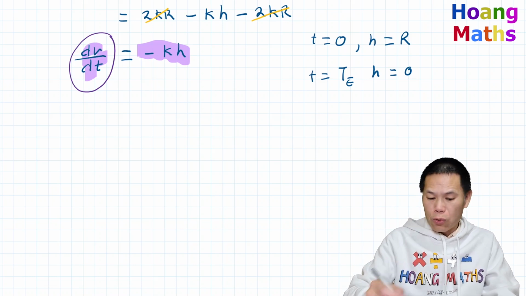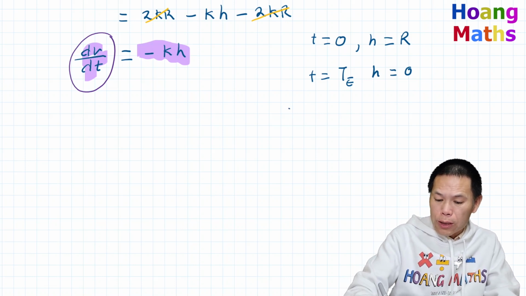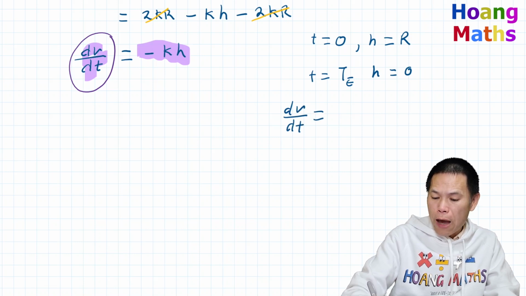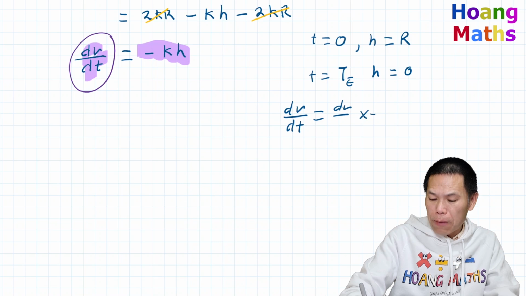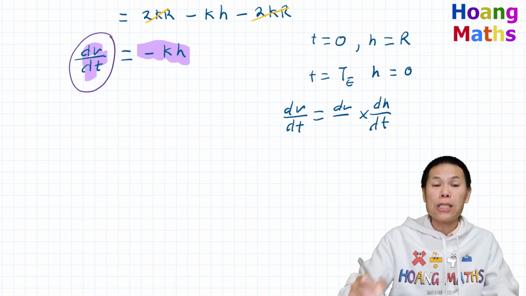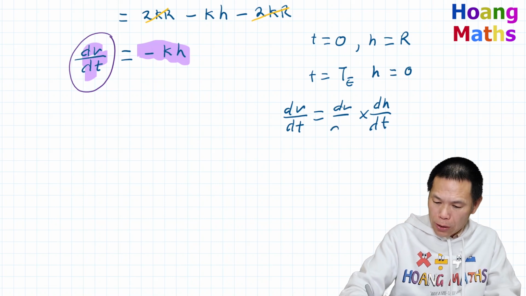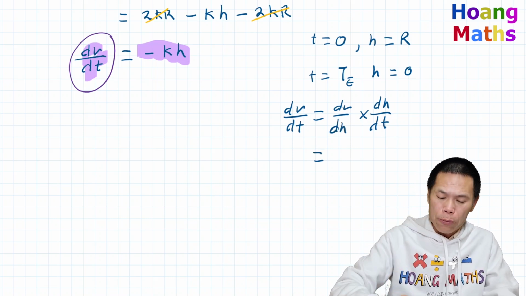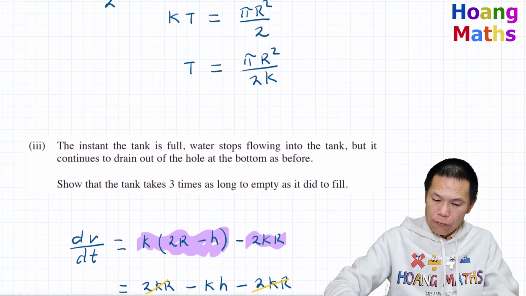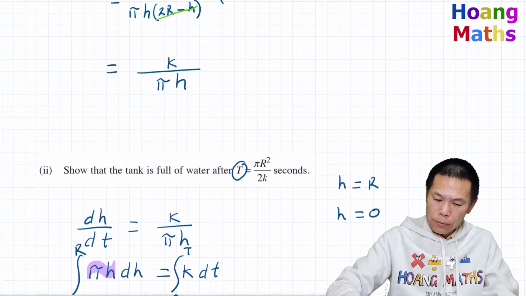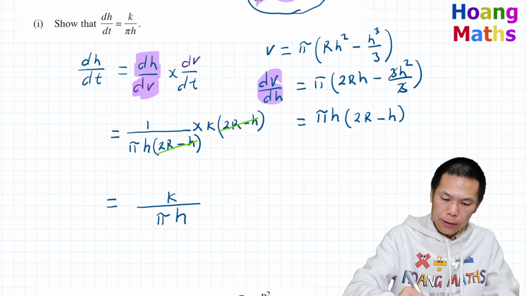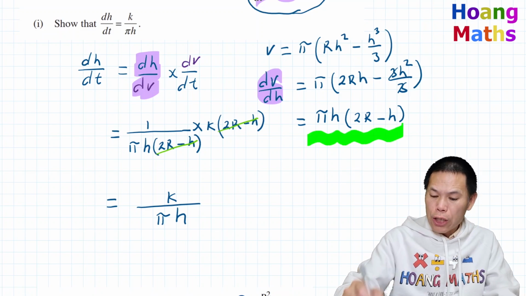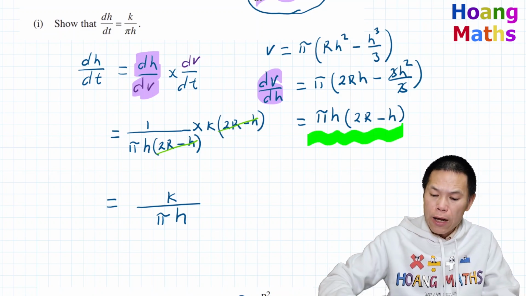Let me start writing on here. For dV/dt, we have dV times dt, and we need dh because h is the variable. We already found dV/dh in the previous part. dV/dh is pi h (2r − h).